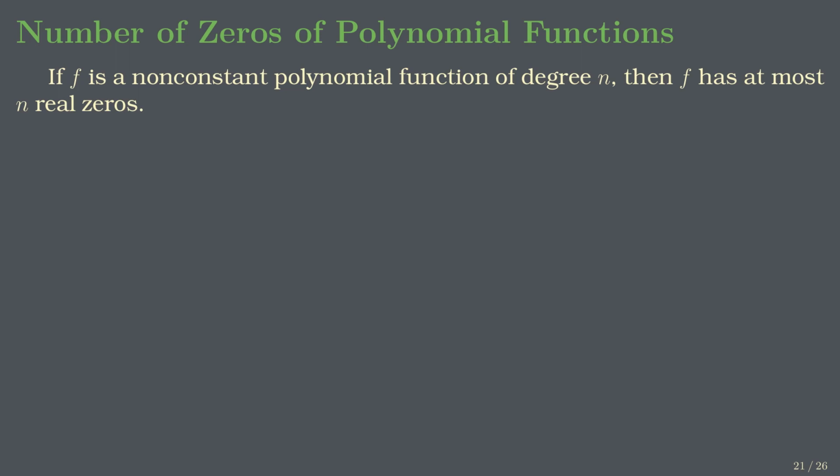Now we can actually bound the number of zeros that a polynomial function should have. The statement is that if f(x) is a non-constant polynomial function of degree n, then f has at most n real zeros.